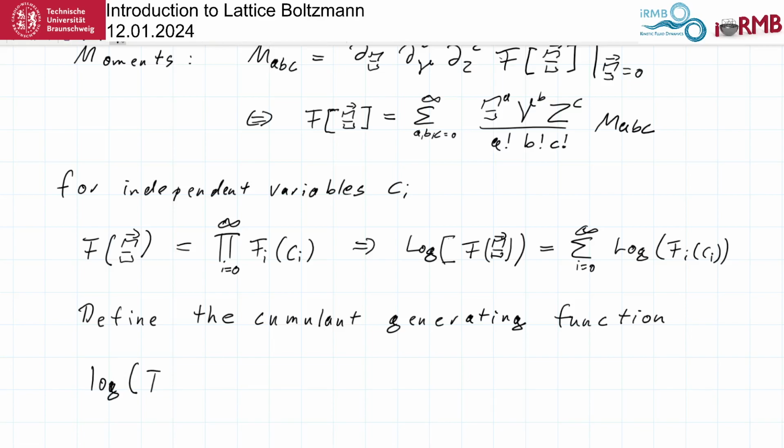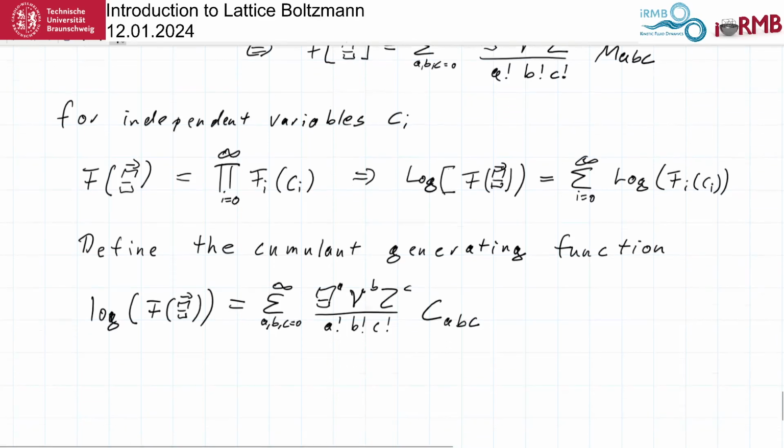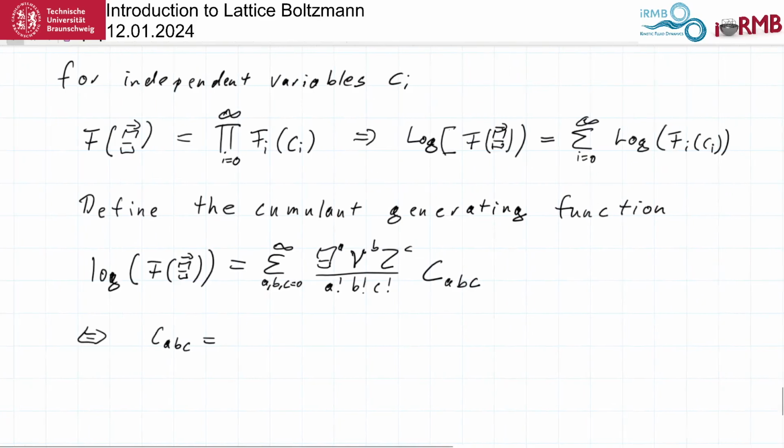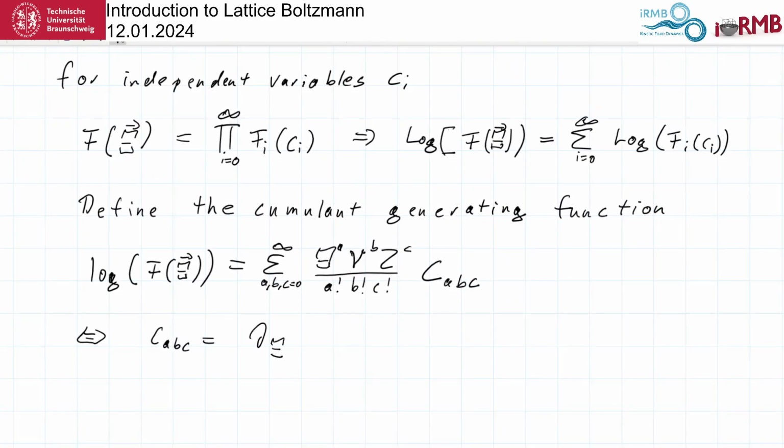So we expand not f, but the logarithm of f, and say this is a sum over a, b, and c from 0 to infinity, written the same way, Xi to the power of a, upsilon to the power of b, theta to the power of c, over a factorial, b factorial, c factorial, and now we call these functions not moments, but c_abc. This is equivalent to saying that c_abc is equal to these derivatives with respect to Xi, upsilon, and theta of the logarithm.